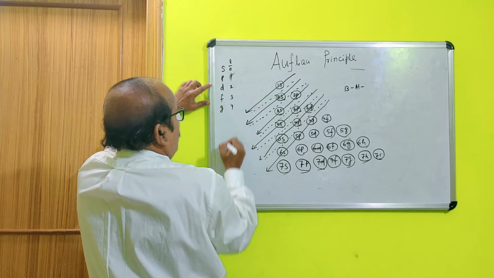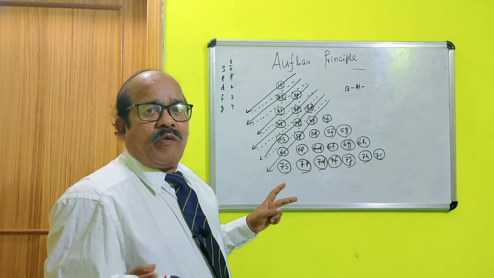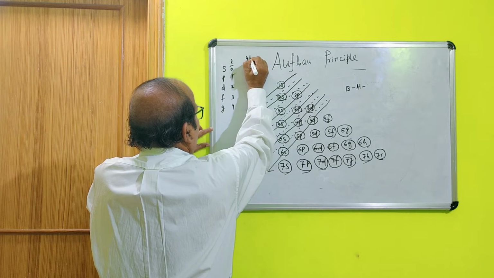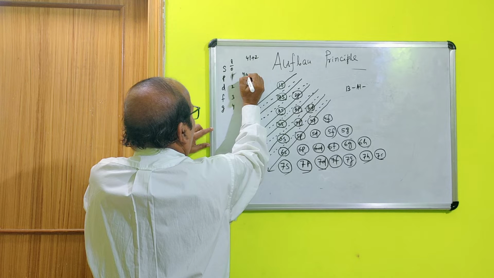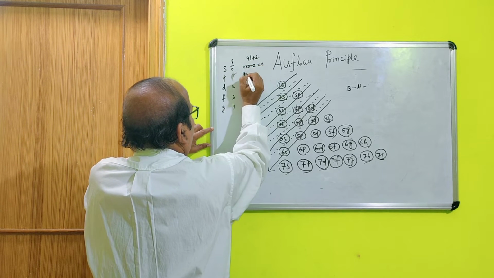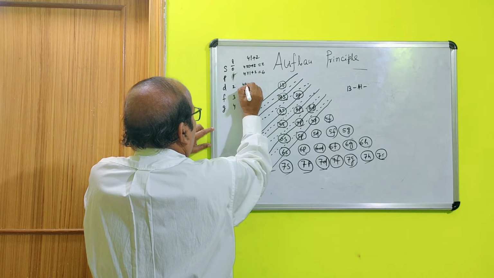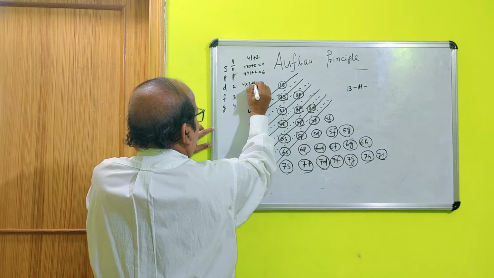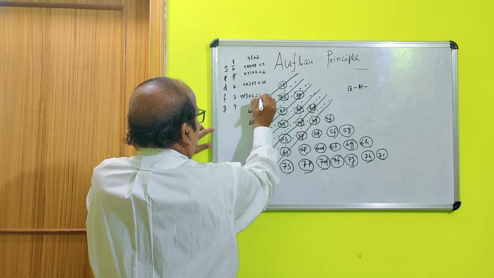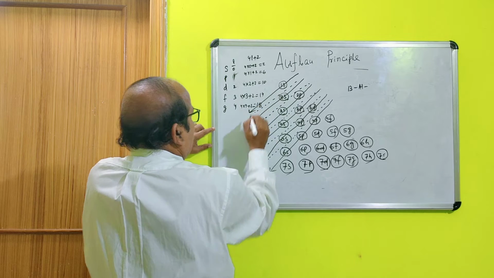G, 4. Now, the capacity, the maximum number of electrons that will be accommodated in each subcell is given by 4L plus 2. So here it will be 4 into 0 plus 2 is equal to 2. 4 into 1 plus 2 is equal to 6. 4 into 2 plus 2 equal to 10. 4 into 3 plus 2 equal to 14. 4 into 4 plus 2 equal to 18.